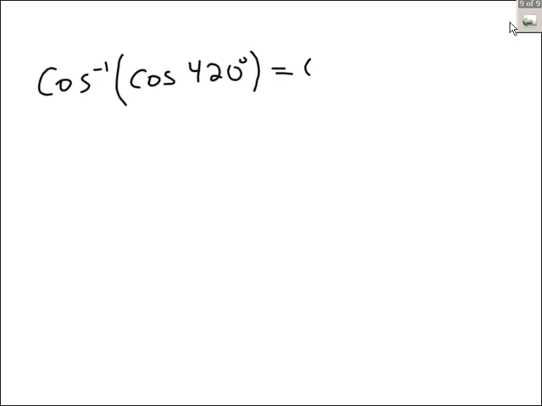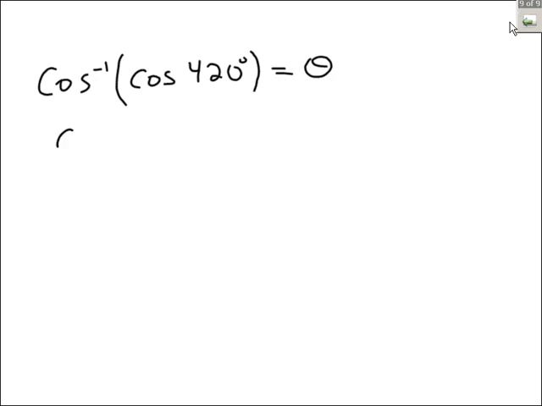What if you had the cosine inverse of the cosine of 420 degrees? Okay, you may just say, oh, the answer is 420 degrees. But that's not necessarily correct. This is equal to an angle.